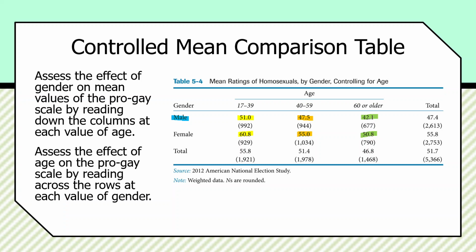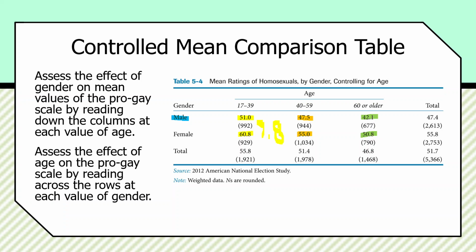Let's go back. Is there an effect of gender among the youngest cohort? Well, yes. Among young males, a rating of 51, and then we go up here to 60.8. That is a difference of 9.8 degrees on this 100-point scale. So something is going on, and our hypothesis appears to be supported, in that the female mean is higher than the male mean.